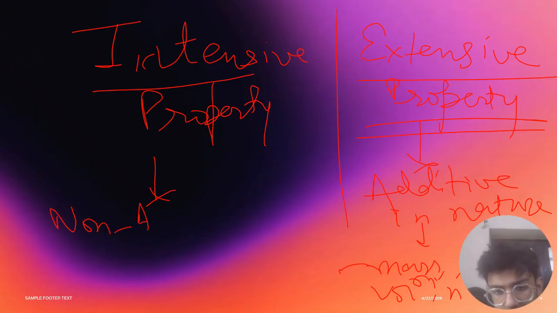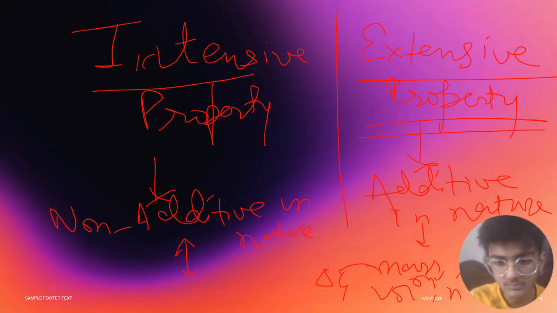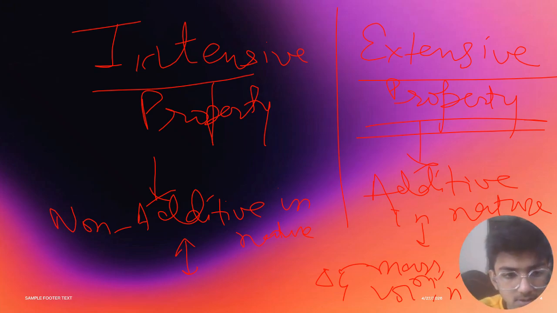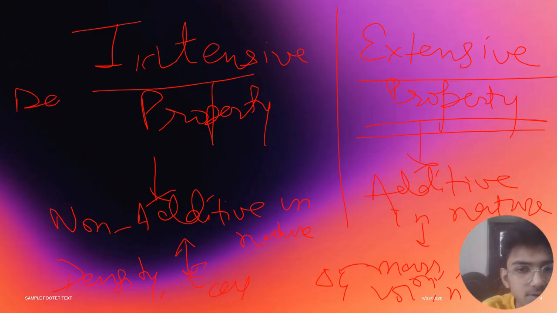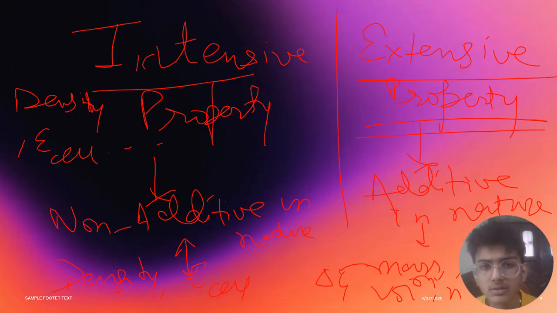Here also comes Gibbs energy, which we have discussed in electrochemistry, that is non-additive in nature. Talking about examples, it can be density, EMF of cell, and many more. I'm writing examples here if it's not visible. These are the two terms which you must understand.